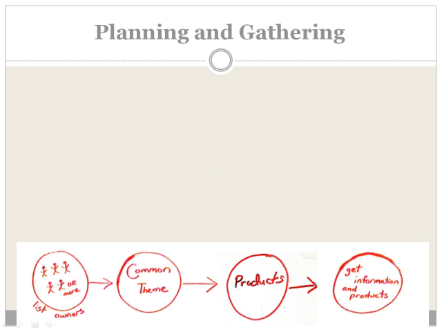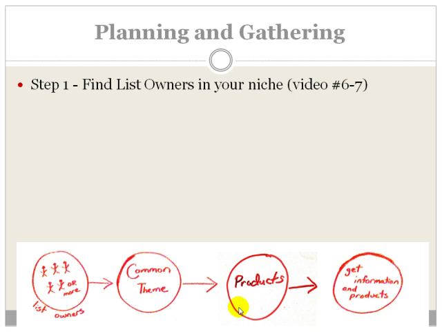So let's talk about planning and gathering. Like I said earlier, it's very similar to the previous giveaway type, which is the freebie type. The only difference, as you can see here, is that there are paid products involved. Step number 1 is to find list owners in your niche.